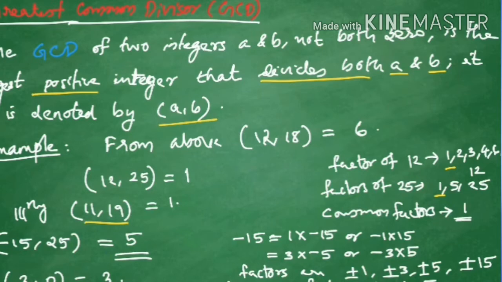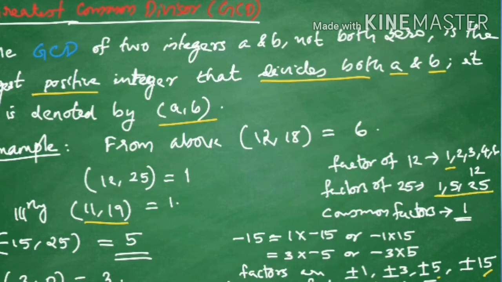Up to this we have discussed only positive integers. Now we calculate the GCD of negative integers also. For example, we consider minus 15 and 25. For minus 15, plus or minus 1, plus or minus 3, plus or minus 5 and plus or minus 15 are factors, and for 25 the divisors are 1, 5 and 25.